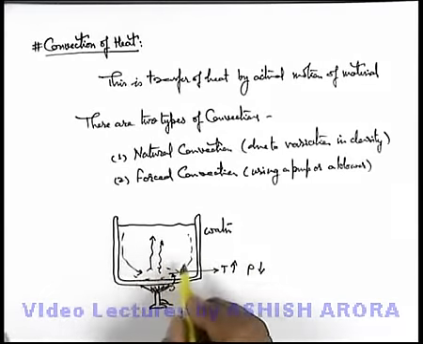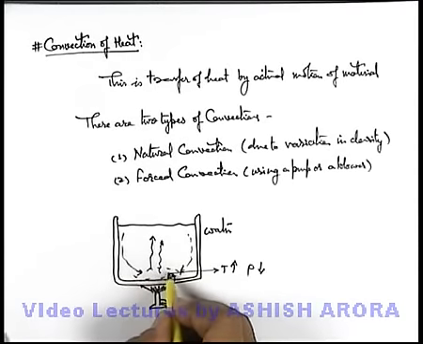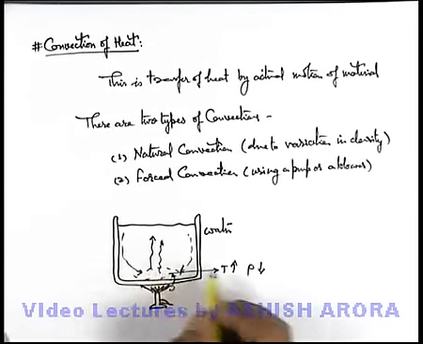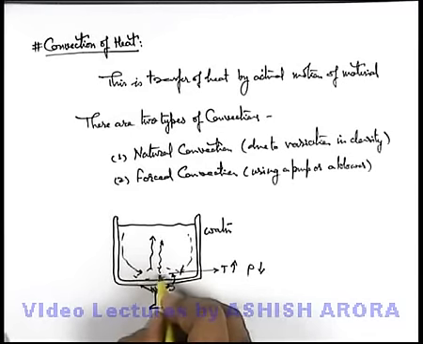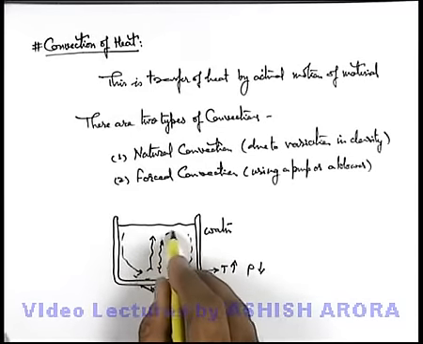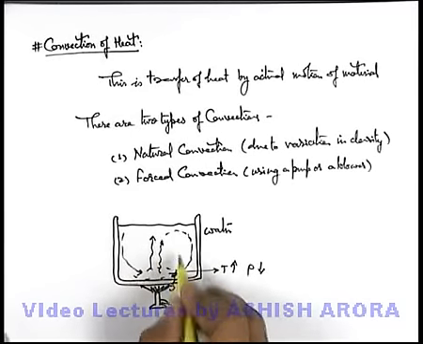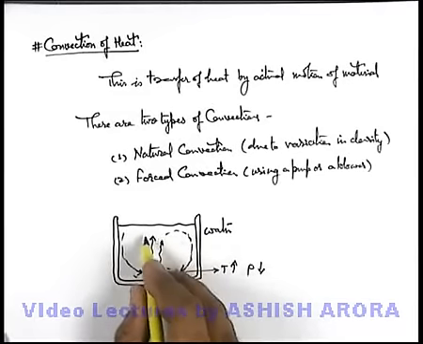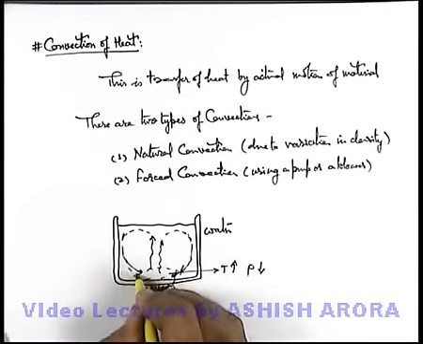So we can say gradually as heat is continuously being supplied, continuously the density of the lower zone will be decreasing, these water particles will be going up, and the surrounding water particles which are at low temperature having high density will come down.